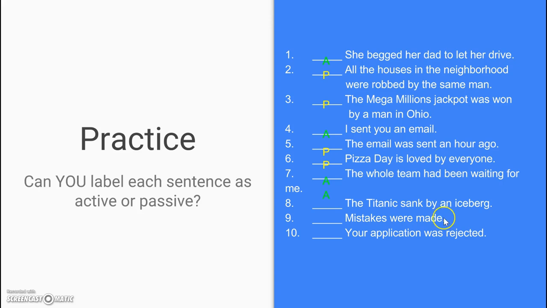This is actually made famous by politicians who don't want to admit who made the mistake. So even though we don't have a subject, passive. And number 10, "Your application was rejected." It doesn't say who's doing the rejecting, just that it happened. So 10 is passive as well.